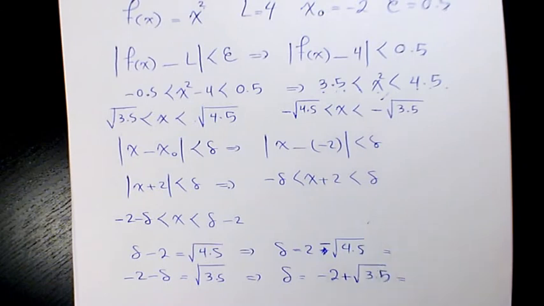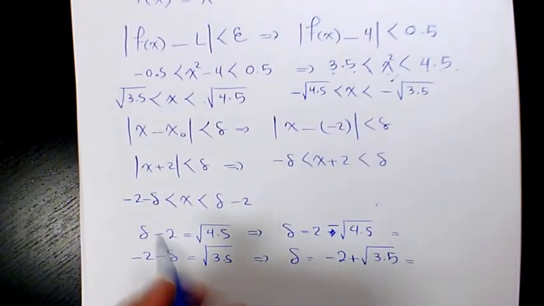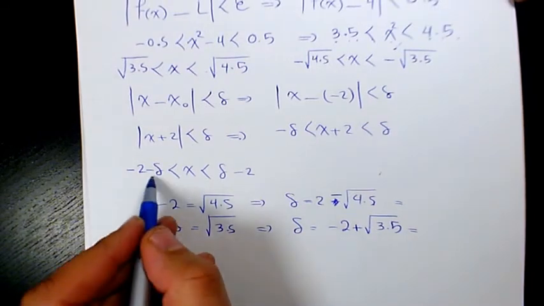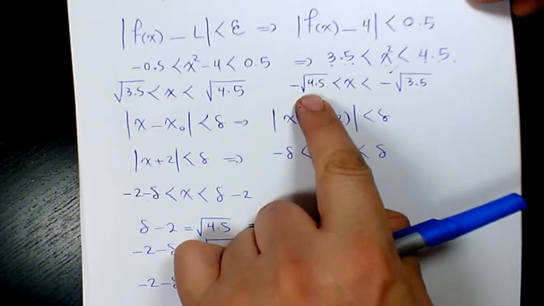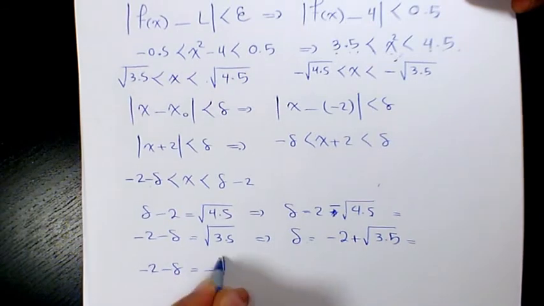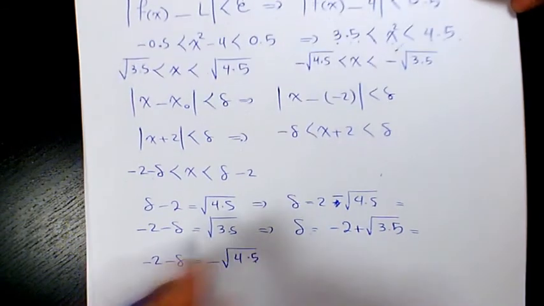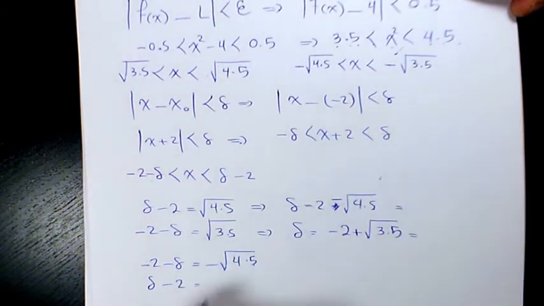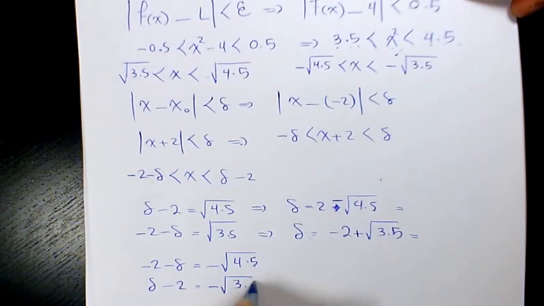So if we calculate it, negative 2 minus delta is supposed to be equal to negative root 4.5, and here delta minus 2 is supposed to be equal to negative root 3.5.